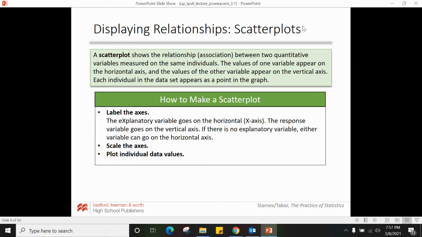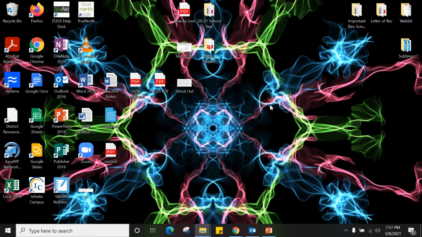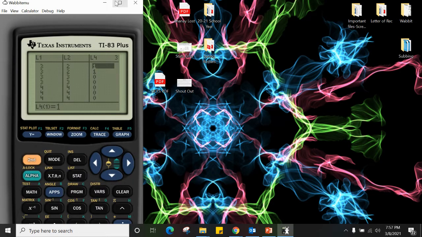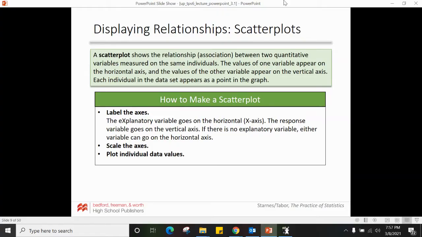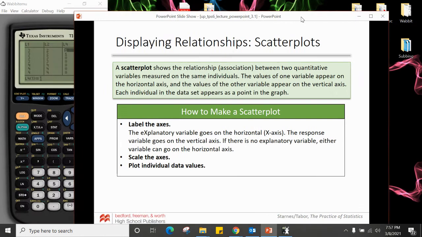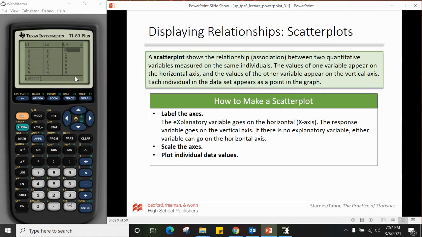If you wanted to see one on your calculator, let's see if I can pull this up here. This is not going to be the best data. But if you went into second stat plot, turn it on, this first one is a scatter plot.